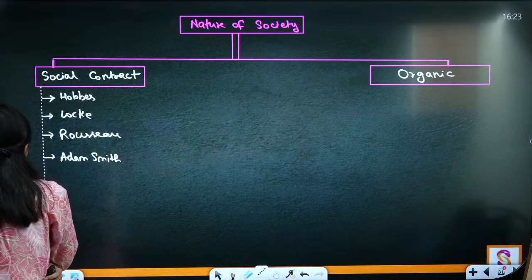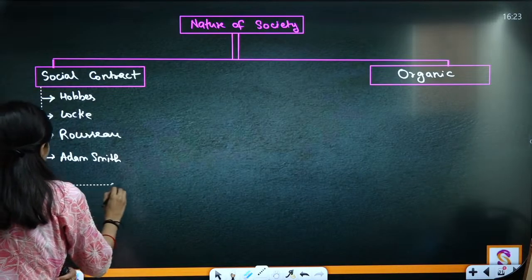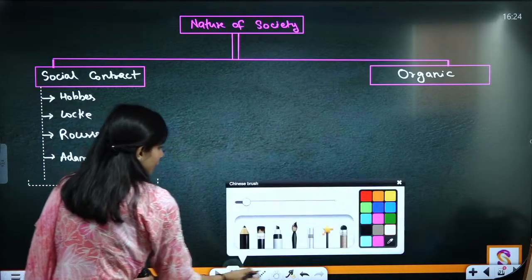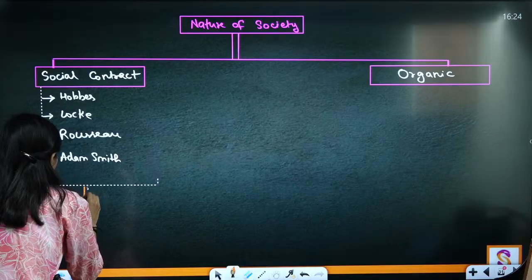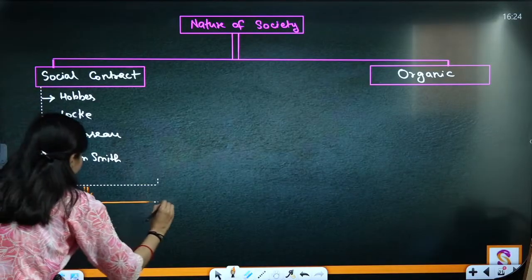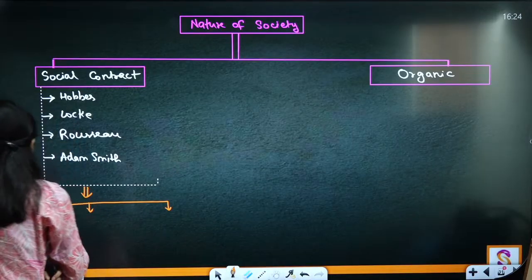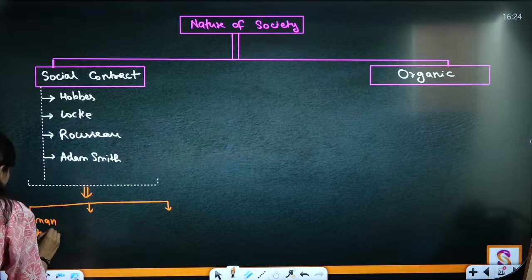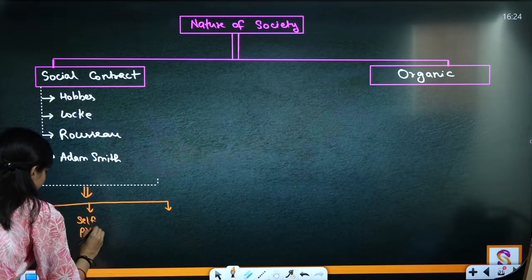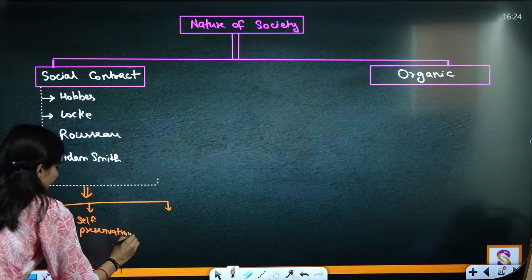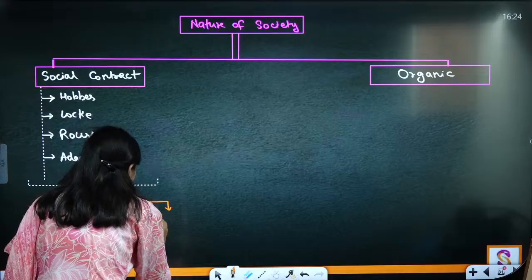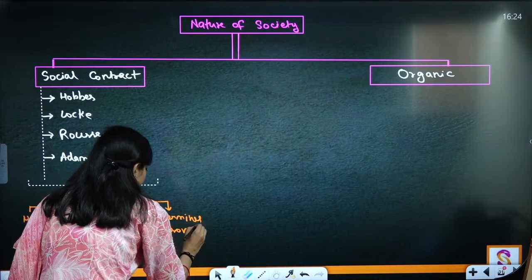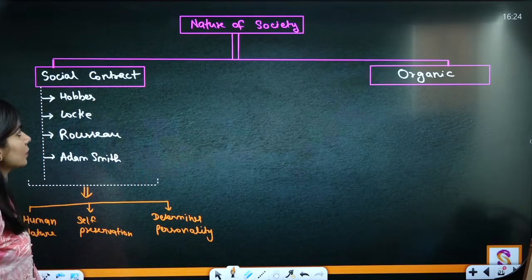Based upon this explanation, we specified it could be divided into three parts: human nature, self-preservation, and society-determined personality. So this is what we have explained.